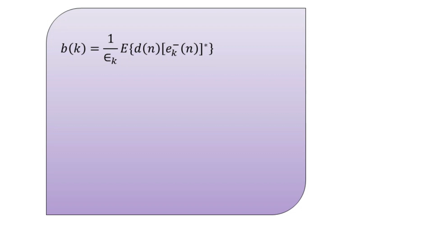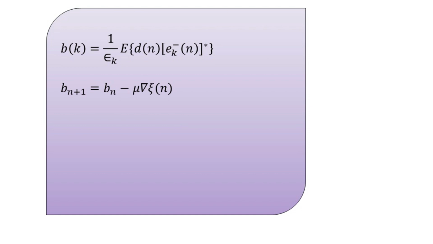So here the consideration of the case using the gradient descent approach can give us the adaptive nature to adjust the coefficients b of k. So this will have the update equation for the coefficients b of k in the form b suffix n plus 1 is equal to b suffix n minus the step size mu multiplied to the gradient of the error here, so del zeta of n here.